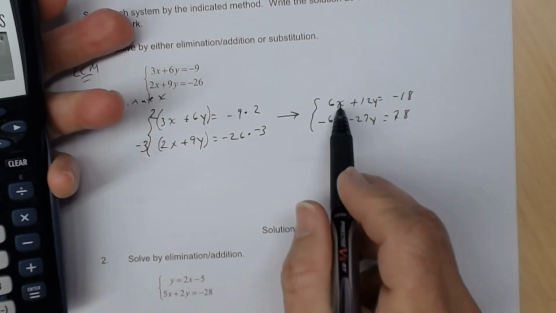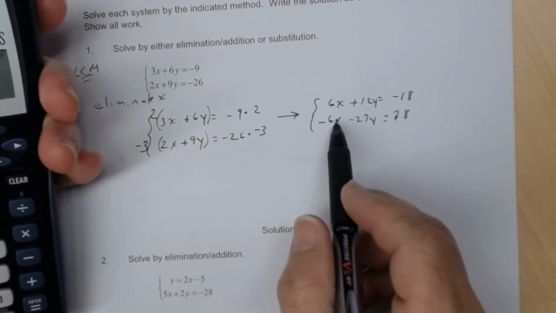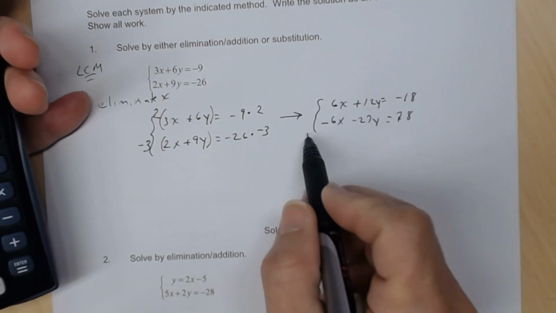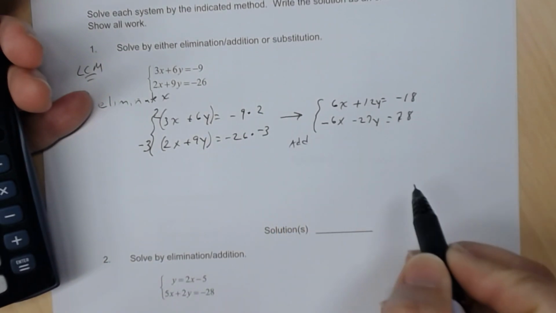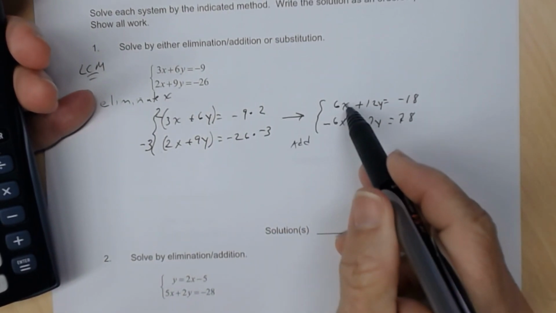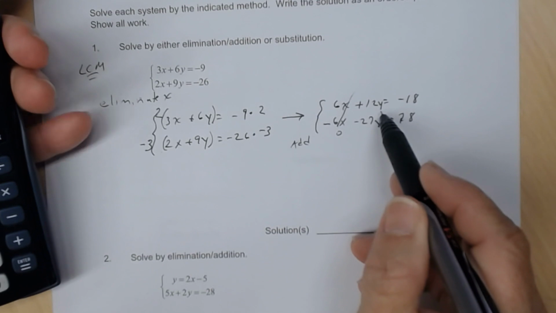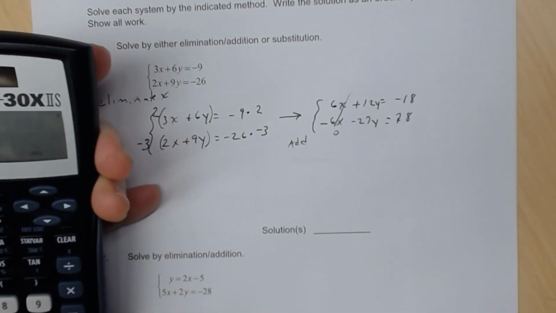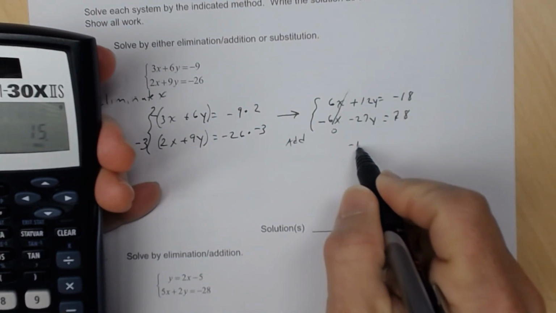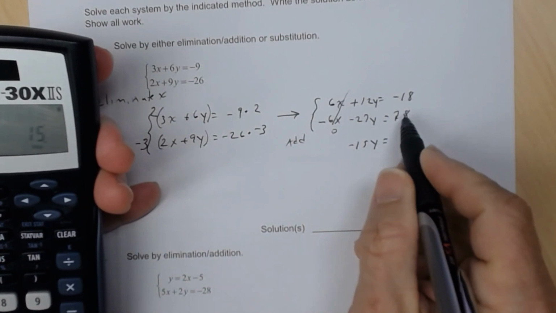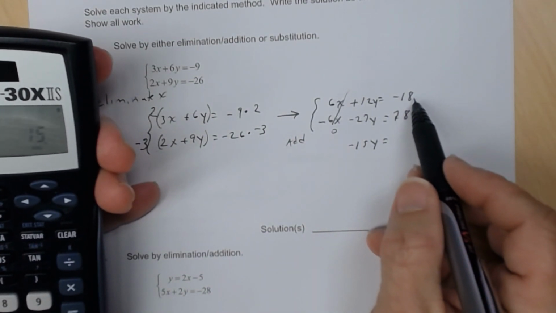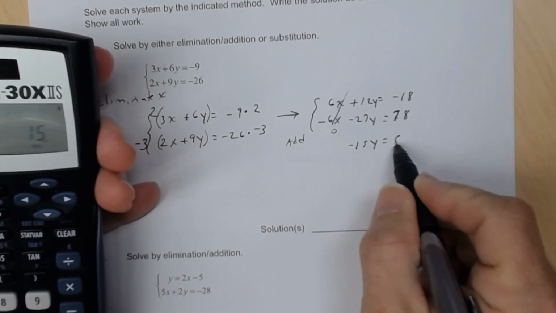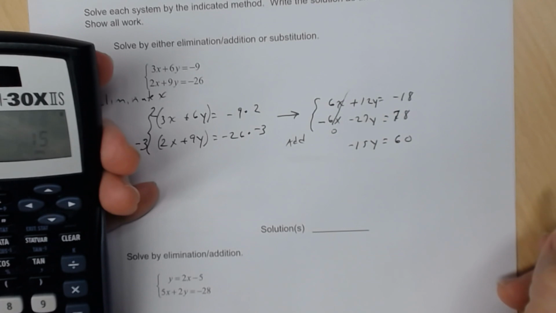All right, now once you get one of your variables to be opposite of each other, you go ahead and add. So I'm going to add these two equations, and when I add them, 6x and negative 6x is 0. 12y and a negative 27y gives me a negative 15y, equals, and the negative 18 and 78 is a positive 60.